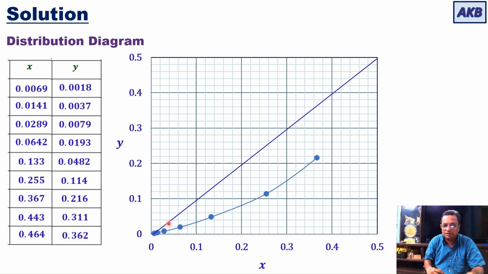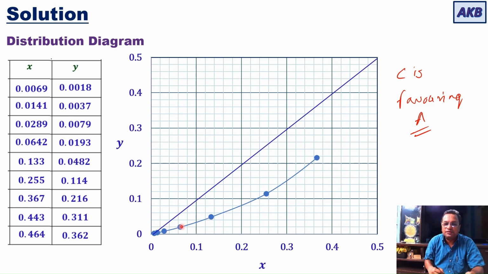It can happen that the curve may be lying above the diagonal line, but for the present data, the curve is lying below the diagonal line, which confirms that in this case, C is favoring A. That means the composition of C, or weight fraction of C, in the water layer is greater than the weight fraction of C in the isopropyl ether layer.